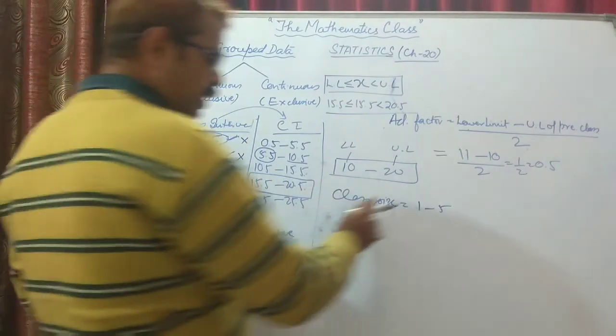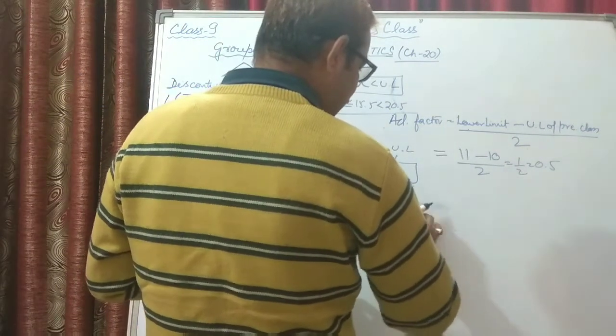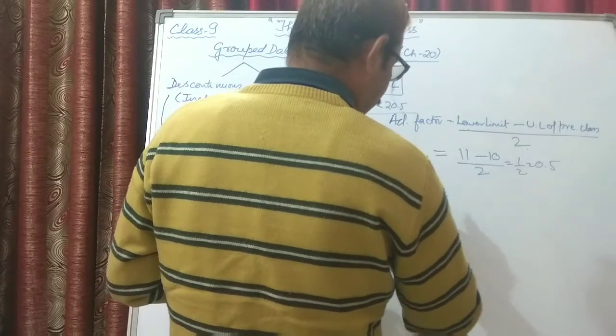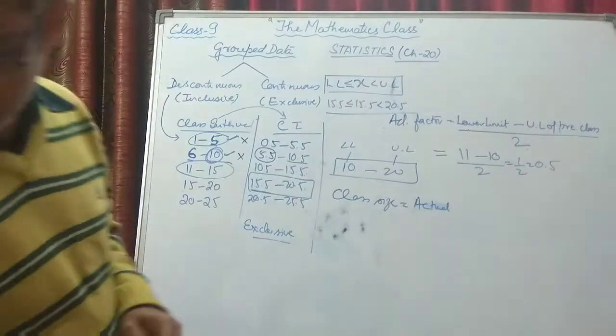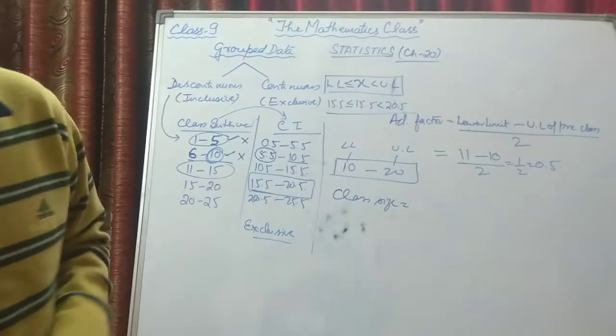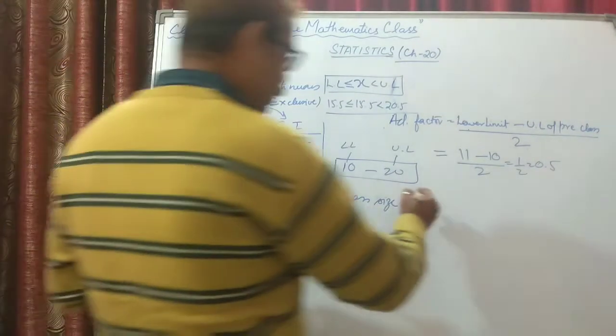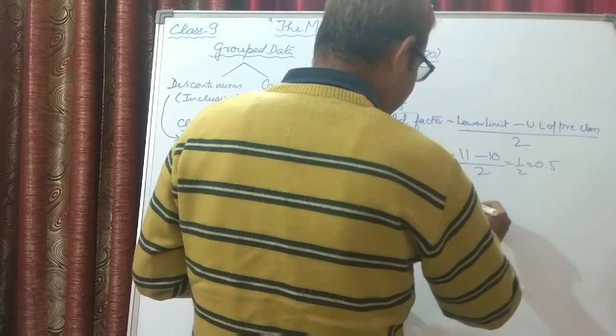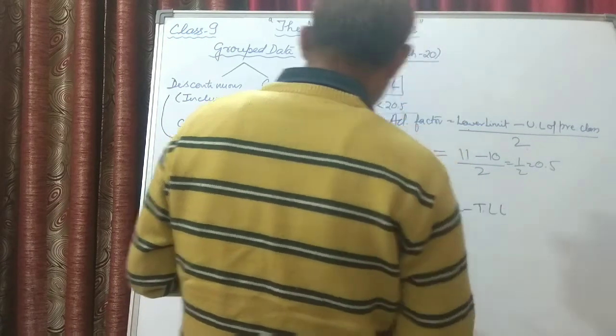So true upper limit minus true lower limit is known as class size.